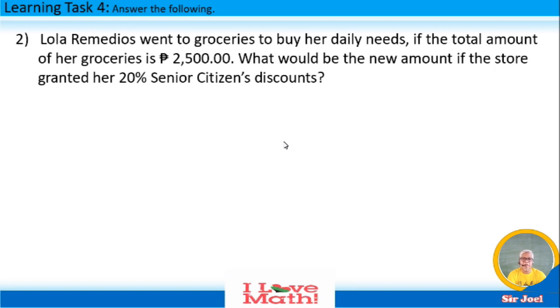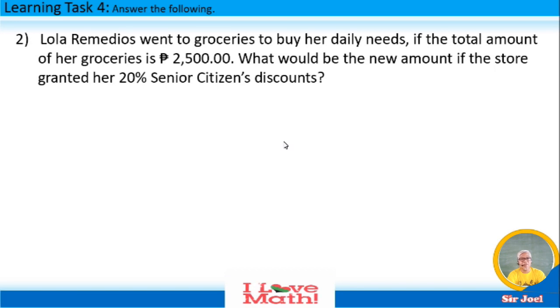So, si Lola Remedios dito ay nag-grocery daw, na kung saan ay naka-accumulate siya ng 2,500. At being a senior citizen, meron siyang 20% discount. Karapatan niya na magkaroon ng discount dahil siya ay senior citizen. So, ang tanong, magkano na lang ang kanyang babayaran?